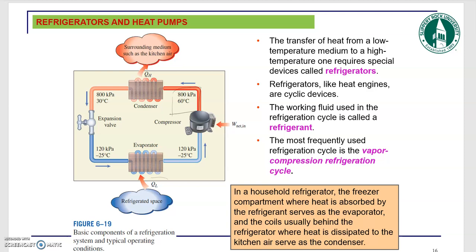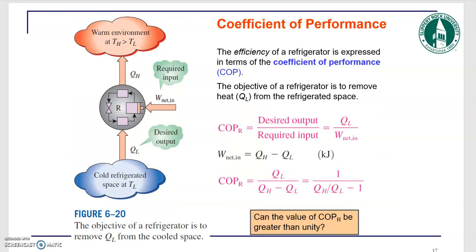So our desired output is to increase QL, right? So we can define an efficiency. The efficiency of the refrigerator is usually reported in terms of another factor, which is called coefficient of performance.